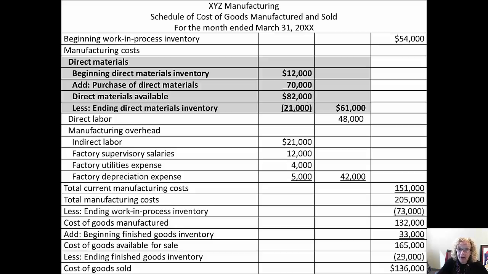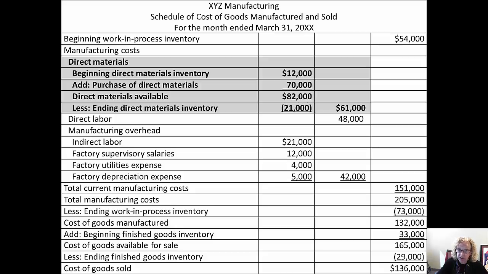That means we might have used up to $82,000 worth, but we know that $21,000 worth was still in our materials inventory at the end of the period, which means we actually used $61,000 worth.